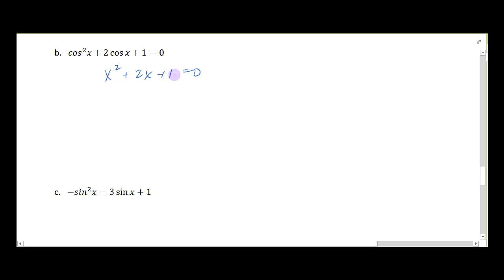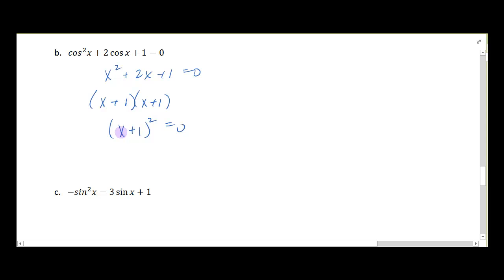Would you recognize that this is really just x plus 1 times x plus 1, or in other words, x plus 1 quantity squared equals 0, because that gives me the outer, which is an x, plus the inner gives me the middle, and I can rewrite it so it looks like this. Well, that's kind of a form of substitution, let's say.